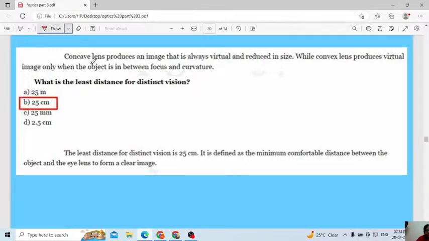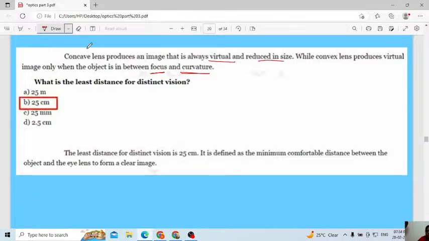A concave lens produces an image that is always virtual and reduced in size. A convex lens produces a virtual image when the object is between the focus and the center of curvature.